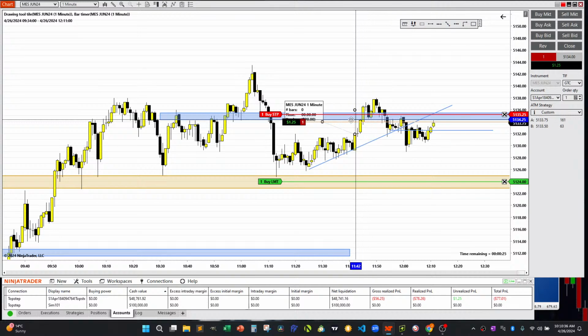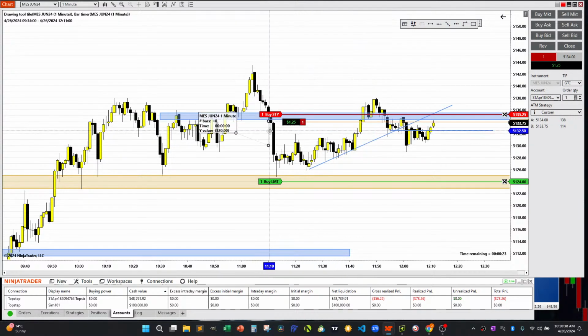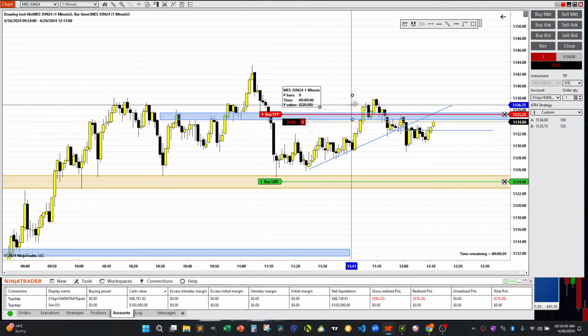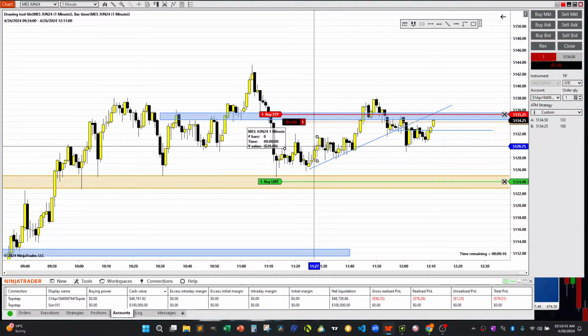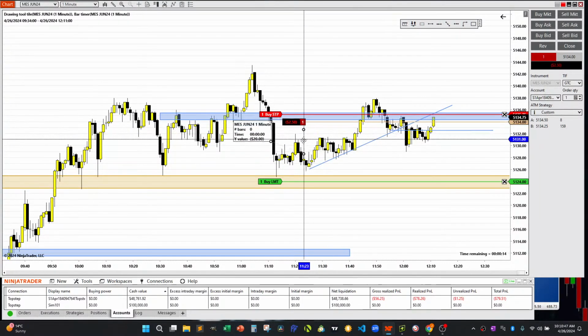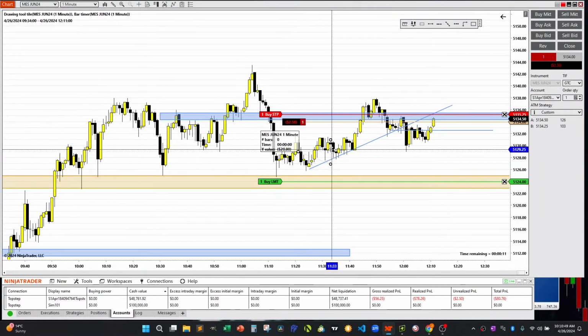So that would be 1 trade. That would have been another trade. If we go here, we would have lost. Try there, we would have lost.